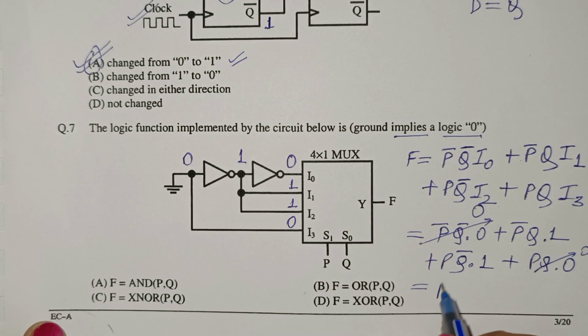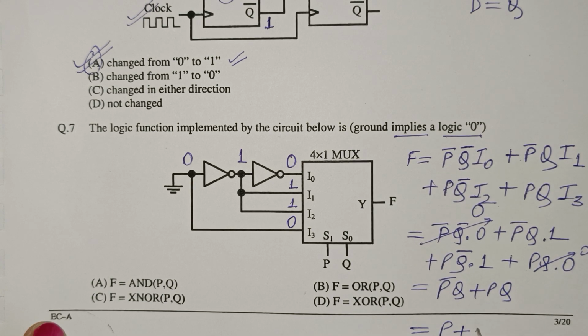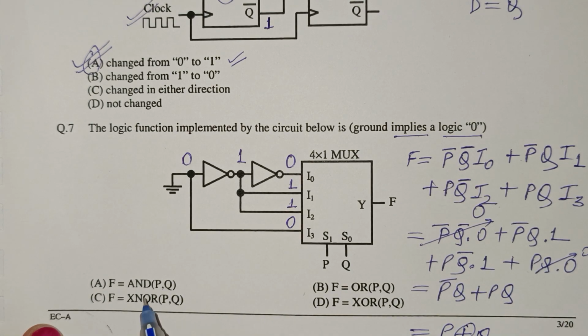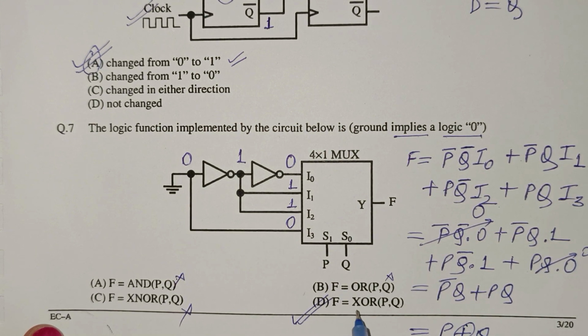What we get is P bar Q plus P Q bar, and we know that it is equivalent to XOR. So P XOR Q. In the given options, the others will not be correct, XNOR will also not be correct. So the output F will be equal to the XOR of P and Q.